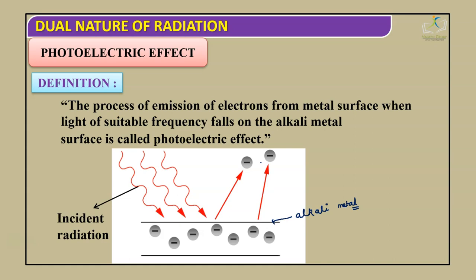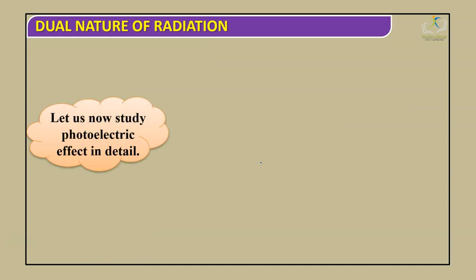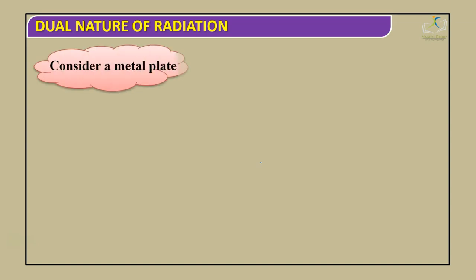This is the incident radiation and these are photoelectrons, and it's an alkali metal surface. Still confused? No issue. We are here to clear your doubts. So let us now study the photoelectric effect in detail.